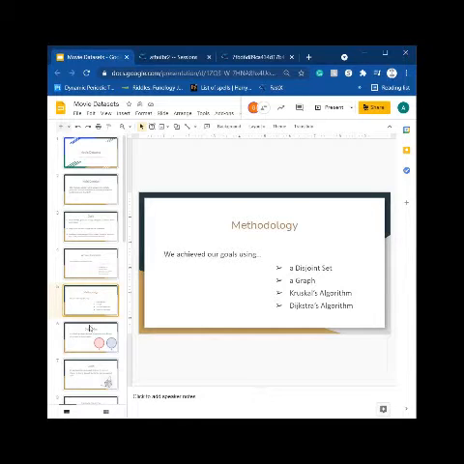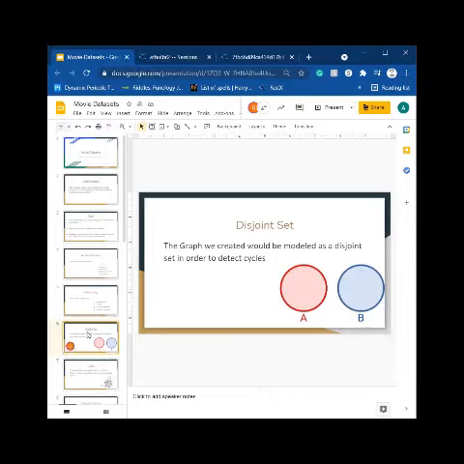Now the disjoint set we used essentially for the Kruskal algorithm to figure out if we had any cycles in our system and to figure out if we were not producing a minimum spanning tree.